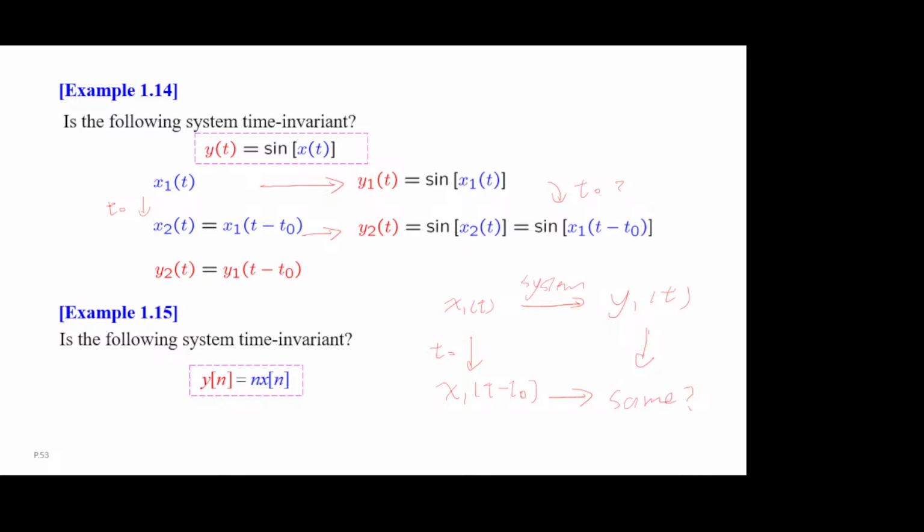You can either take y1 and time shift it to get y1 of t minus t0, or take x1 of t minus t0 through the system, and you want to see that it's the same. Because we don't have a general expression for the system, it's just a question mark here. This is what we want to check: whether this way and this way give you the same thing.